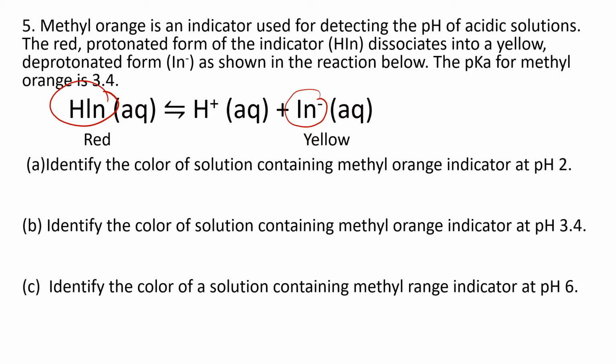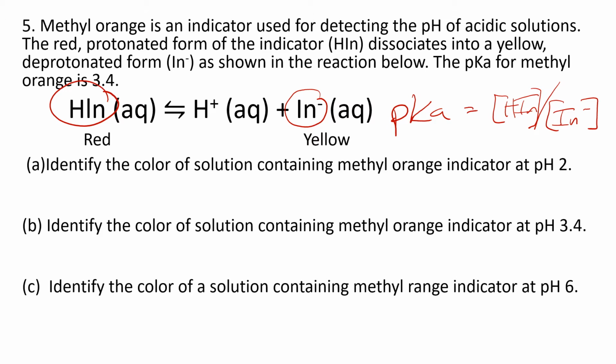So the pKa represents where there are equal amounts of HIN and IN minus. That's just whenever there is a 1-to-1 ratio of HIN to IN minus. So if there's an equal amount, then technically the pKa will have a color of around orange.